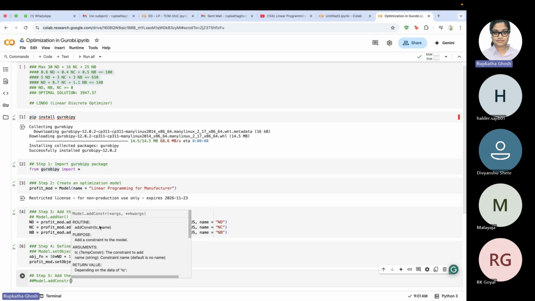The constraint is the exact constraint that you are giving, and you can also give a constraint name. For your understanding, you can choose not to give one, because this is a very simple problem with just three kinds of constraints.